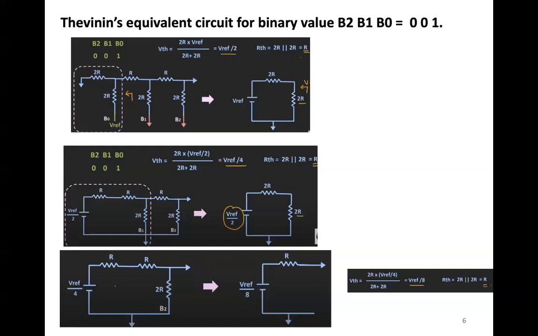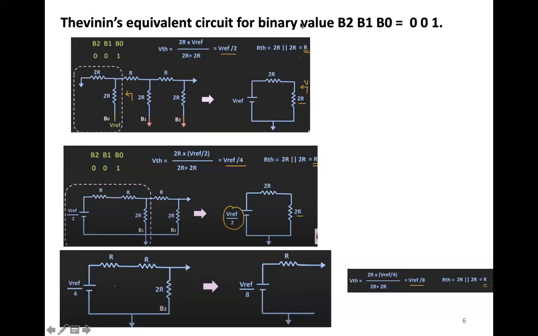Now, can someone do a quick math and tell me how much is 5 divided by 8? 5 volts divided by 8, how much are we getting? 5 divided by 8 is exactly 0.625, right?